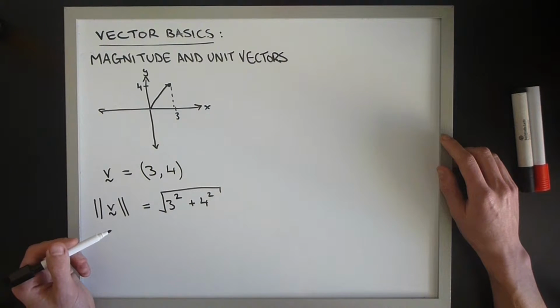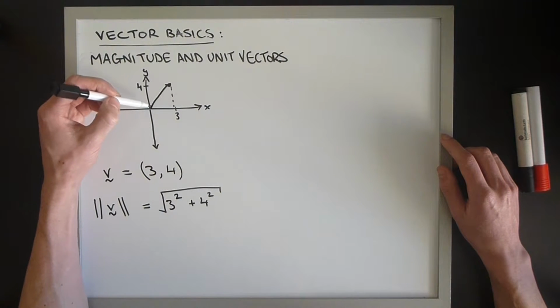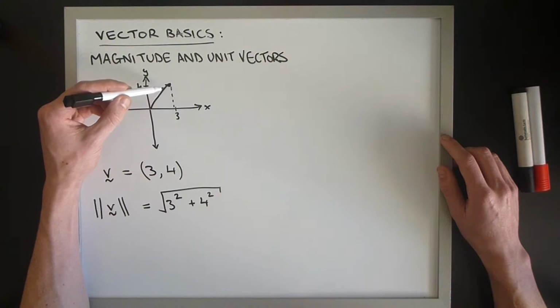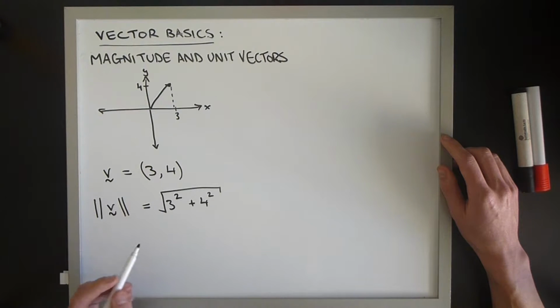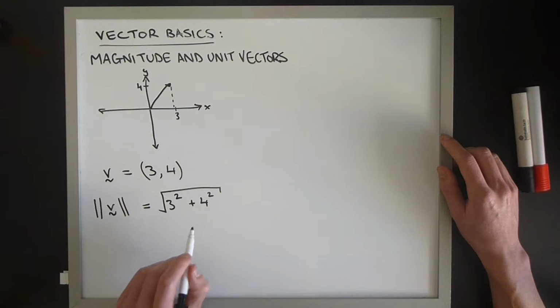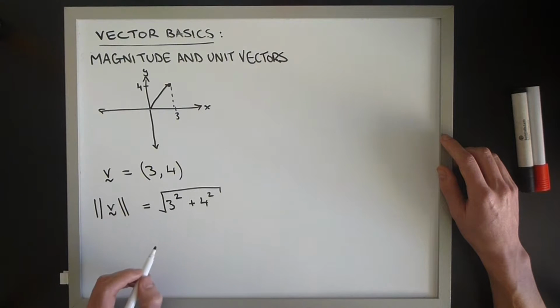Or if you want to go to Pythagorean theorem specifically, the hypotenuse squared is equal to the other two sides squared and then added together.